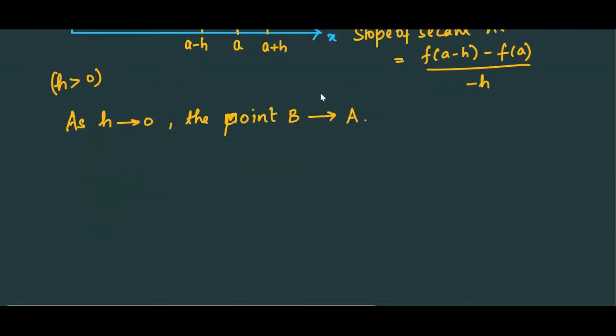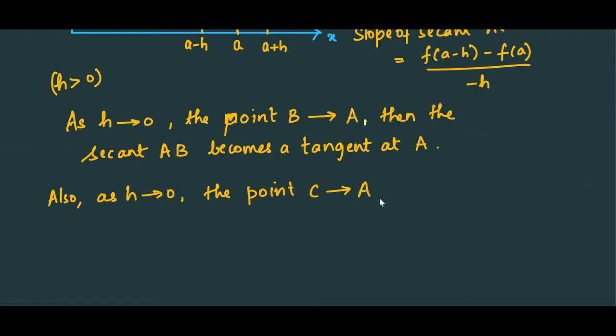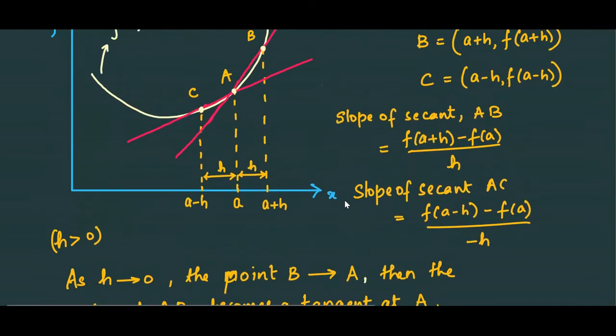Then the secant AB becomes a tangent at A. All right. Also, as h tends to 0, the point C moves towards A similarly, right?